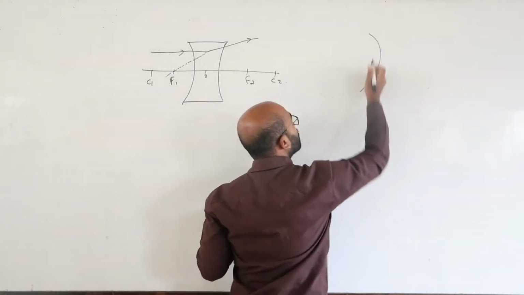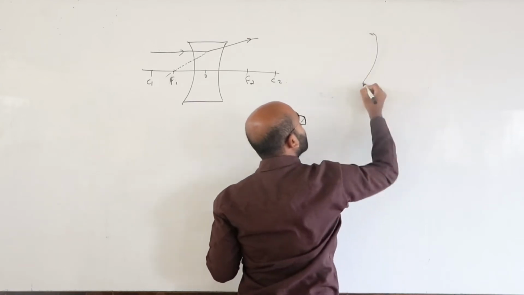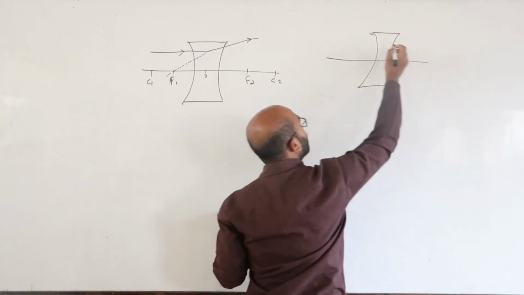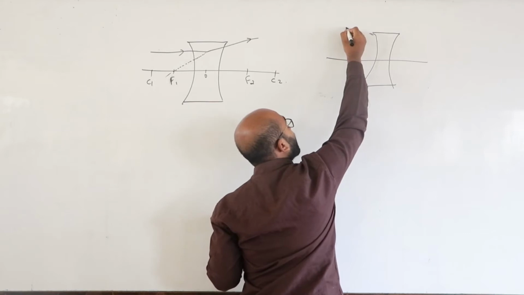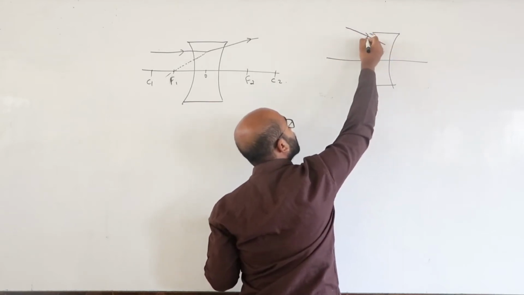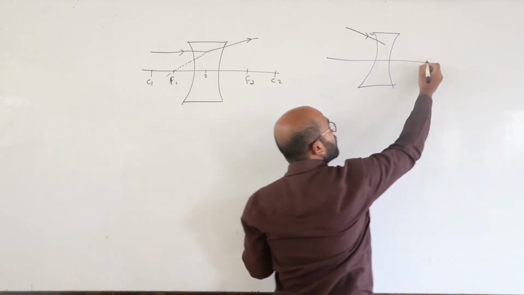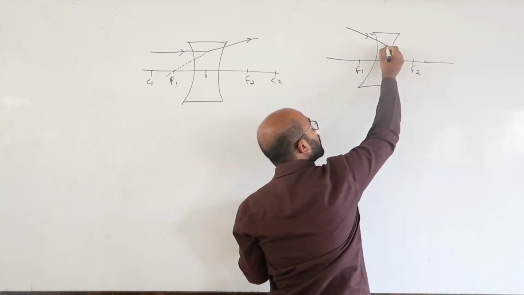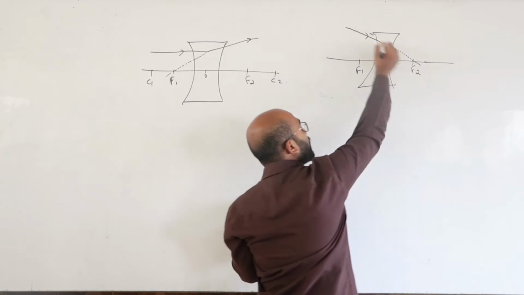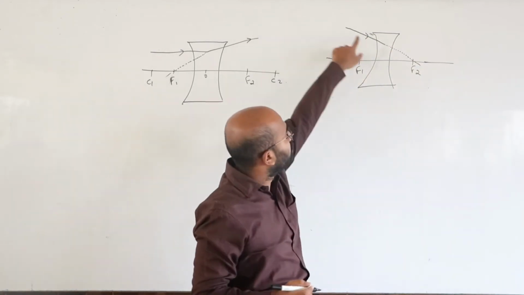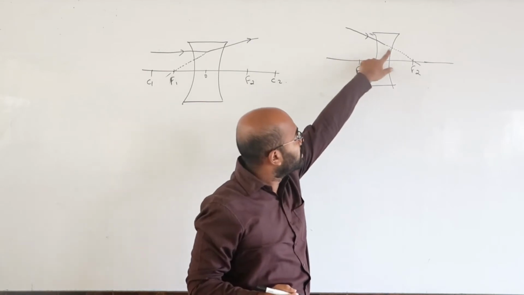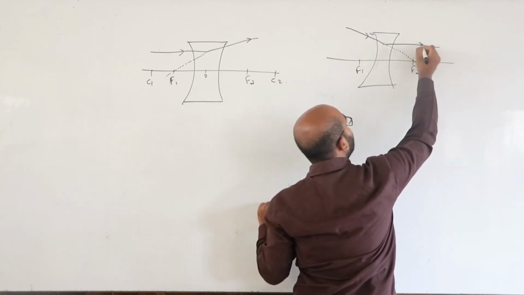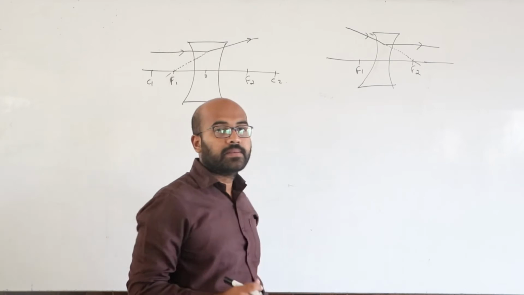Next. When a light ray falls on the concave lens in such a way that, when I extend this incident light ray, it passes through the principal focus, then the refracted ray will be parallel to the principal axis.